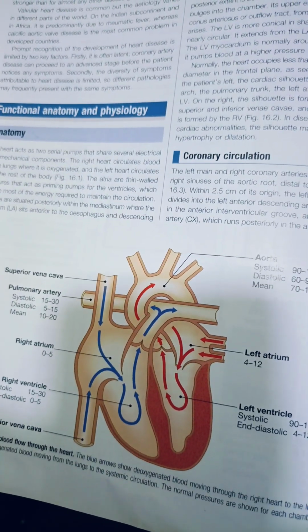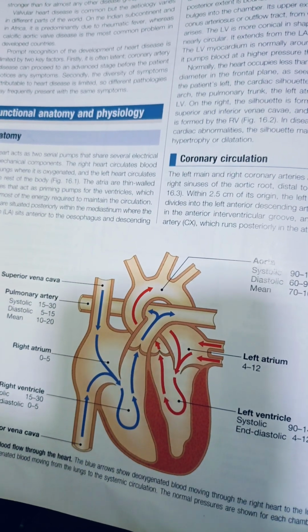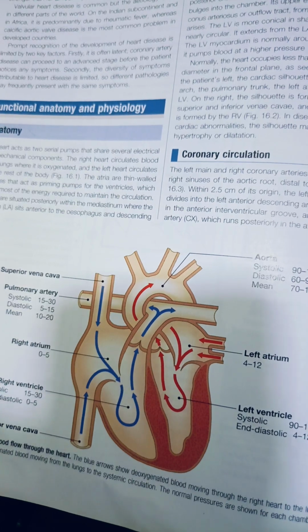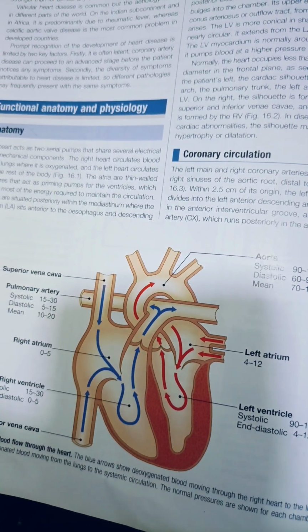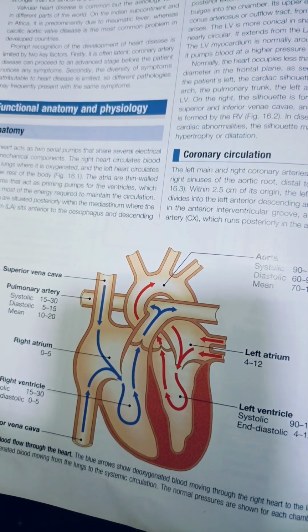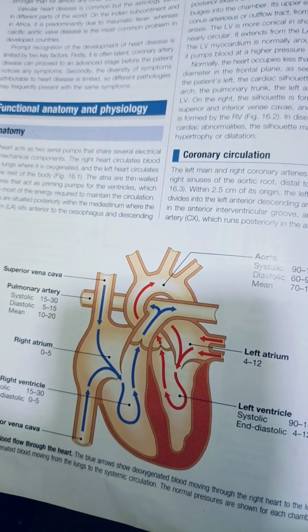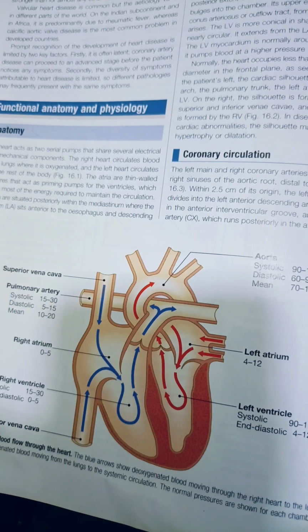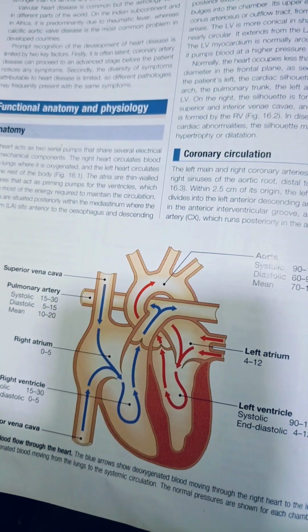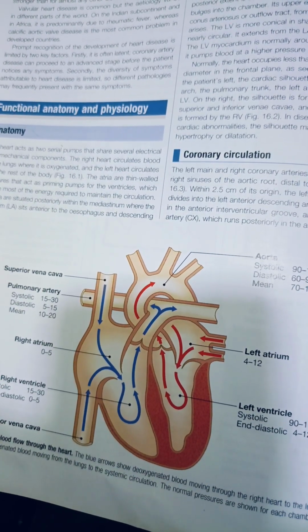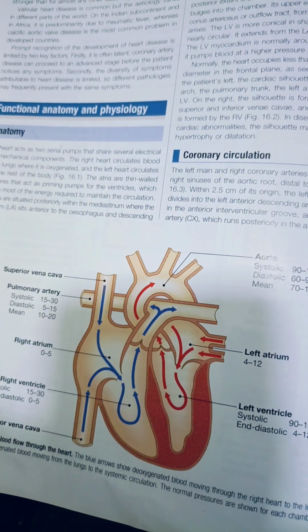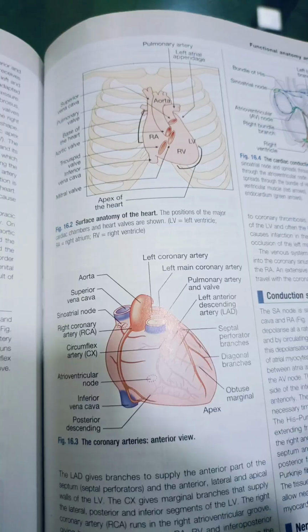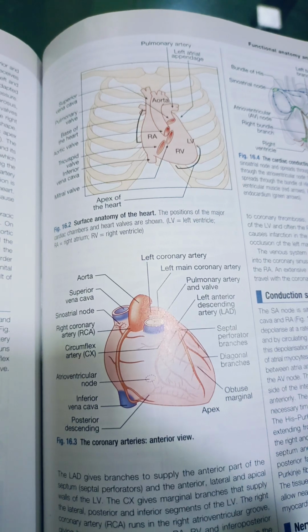The right ventricle is about 2 to 3 millimeters thick and triangular in shape. The left ventricle is more conical in shape. The left ventricle myocardium is around 10 mm thick because it has to pump blood at a higher pressure than the right ventricle.